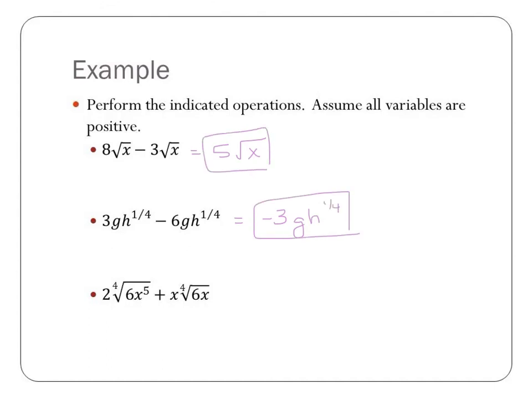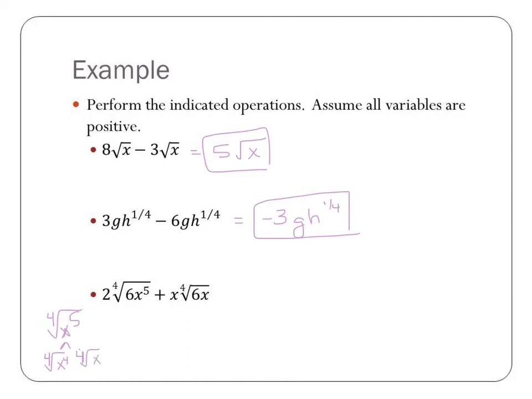All right, now this last one has an issue, because the first one we have the fourth root of 6x to the fifth, and the second one we have the fourth root of 6x. Okay, so they have to have the same radicand. So if we look at this though, if you just look at the fourth root of x to the fifth, that breaks apart into the fourth root of x to the fourth and the fourth root of x, right?